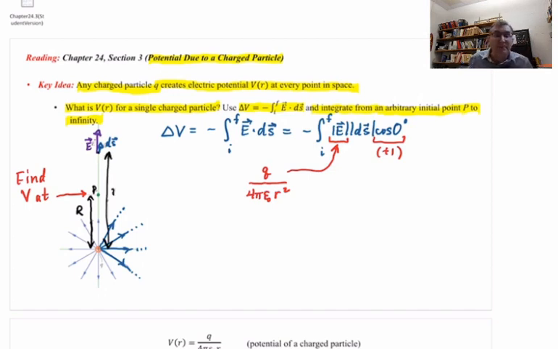That's a little r, okay? Because that's the formula for the field of a point particle. We learned that in chapter 22. Now for the ds, what you want to do is write that as a tiny radial step, dr. Okay? All right, so with all those terms in there, let's see what the delta V formula looks like now.